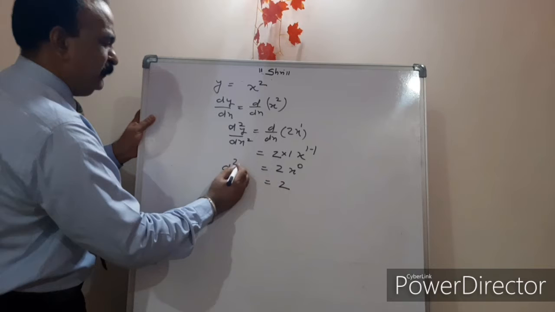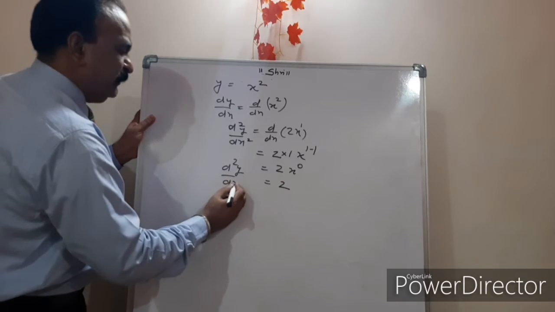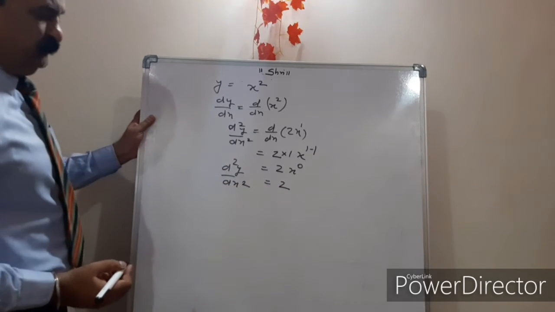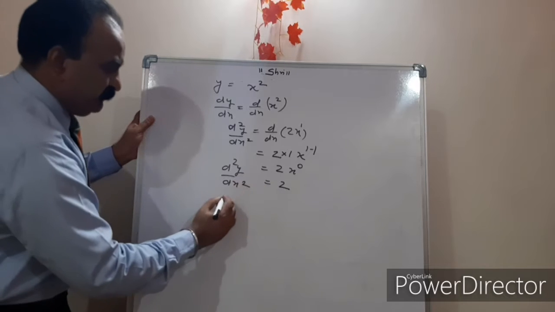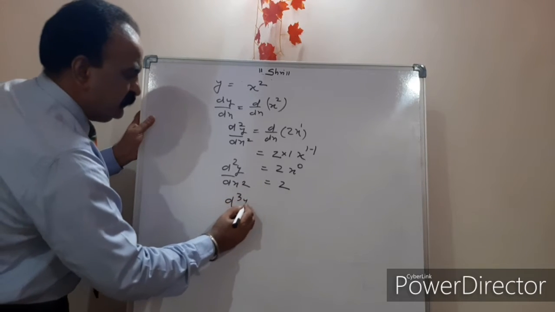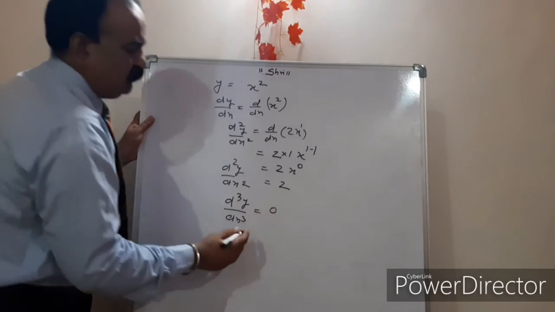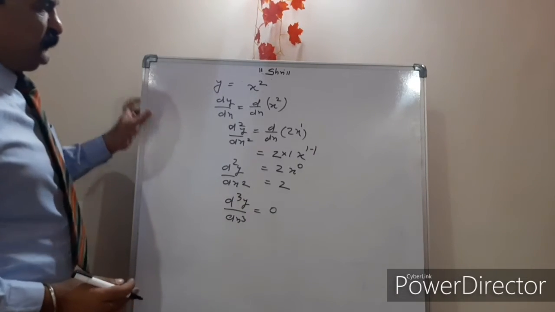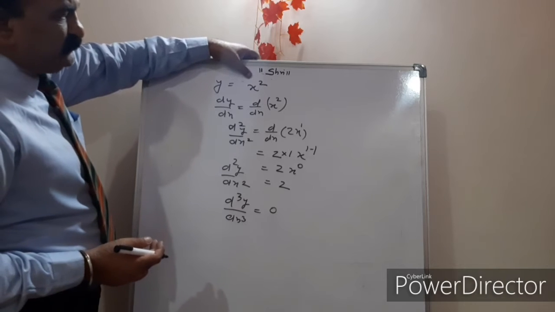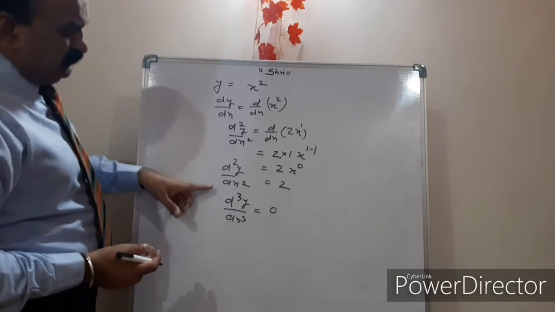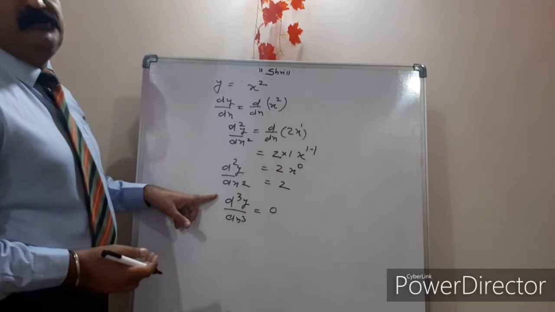So d square y by dx square is equal to 2. And third is the constant term. It means d cube y by dx cube is equal to 0, because this is the constant term. It means the highest power is 2, then the third differential coefficient will be 0.